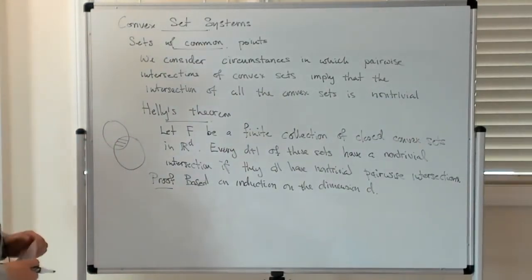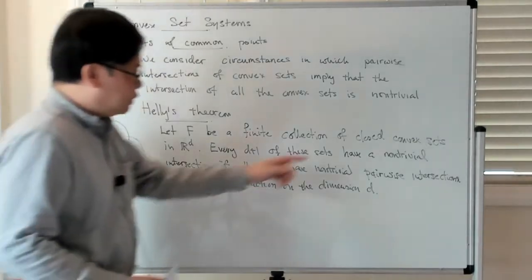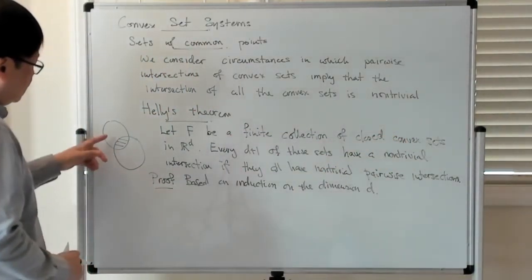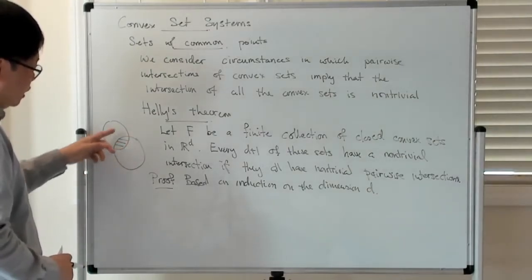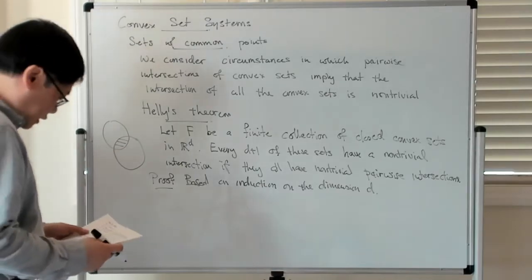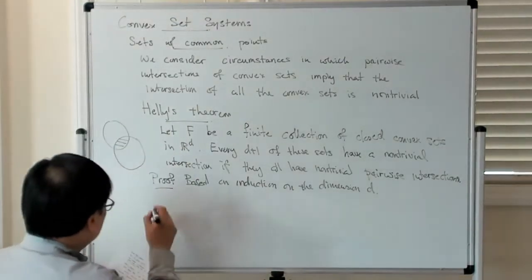So when you relax the convexity assumption on each of the sets, you replace that with a condition on properties of the intersections between these sets.